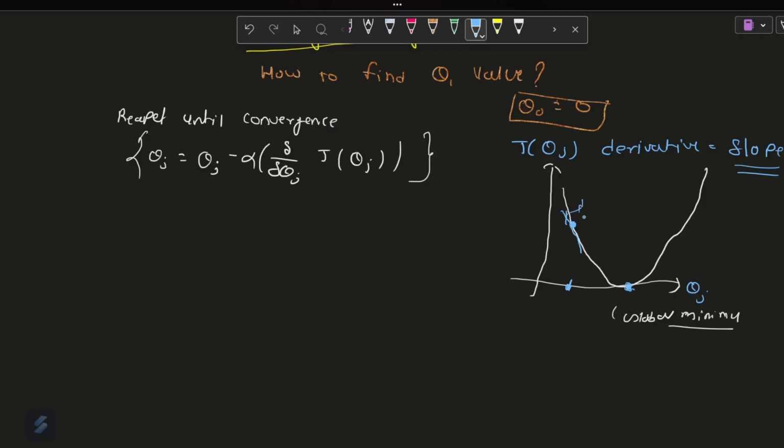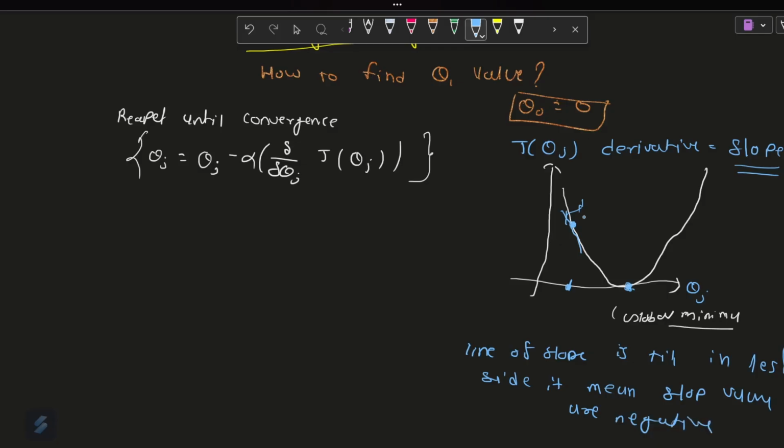This line tilts to the left-hand side, which means the slope is negative. The slope value is negative.